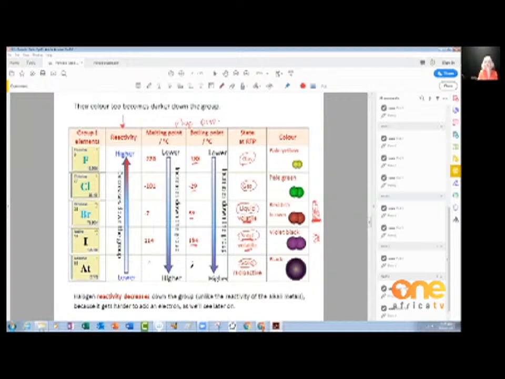But we would expect the melting and boiling points to follow this trend. We would expect, for example, the boiling point of astatine to be much bigger than 184, which is that of iodine, isn't it? And also the melting point, we expect it to be more than 114, because we would expect these trends to be followed throughout the group, from top to bottom.